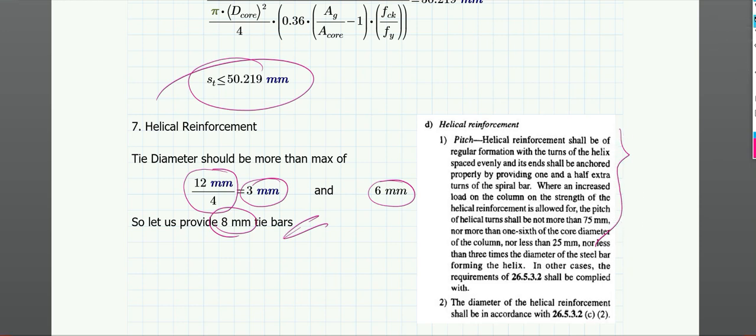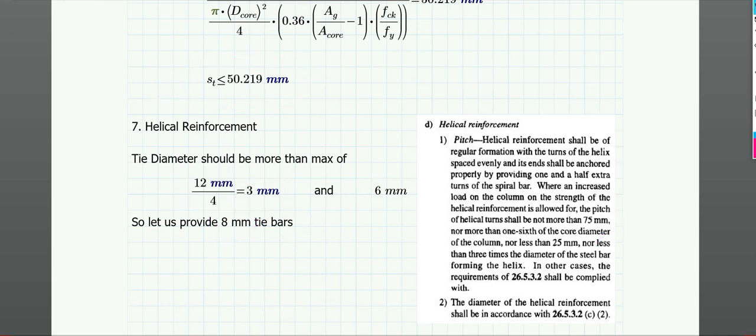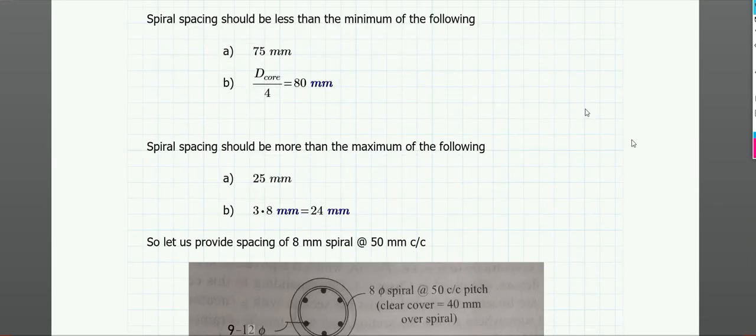You can see, spiral spacing should not be less than a minimum of the following, that is 75, and d core by 4 is 80. It should not be less than this. Okay, that means the spiral spacing should be more than the maximum of the following.